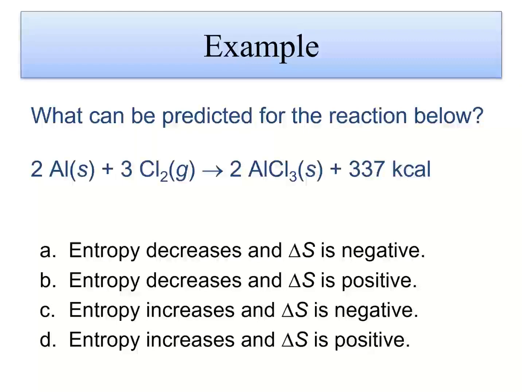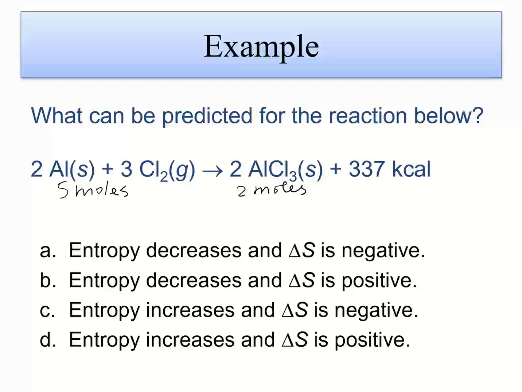What can be predicted for the reaction below? Let's look at the coefficients of the reaction. On the left side, for the reactants, we have 2 moles of aluminum reacting with 3 moles of chlorine gas. On the product side, we have only 2 moles of aluminum chloride. So on the left, the total number of moles is 5. On the right, the total number of moles is 2.